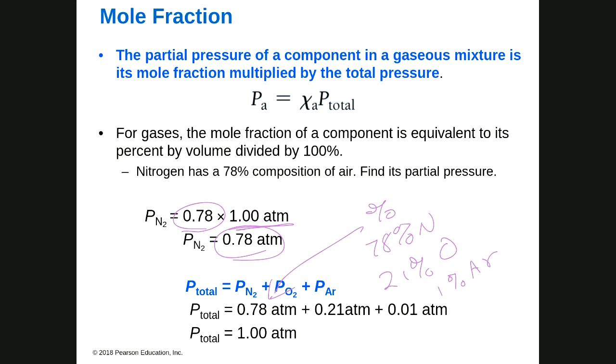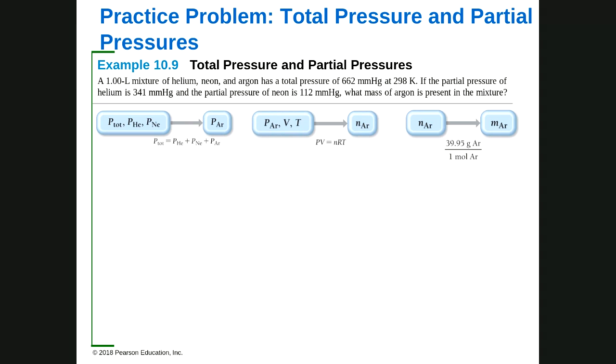You're adding those up, and they should equal the total pressure of 1 atmosphere, okay? So how we use this is that if we know the partial pressures of all but one gas, we can figure out the partial pressure of that last one. We do have to keep the temperature the same though.